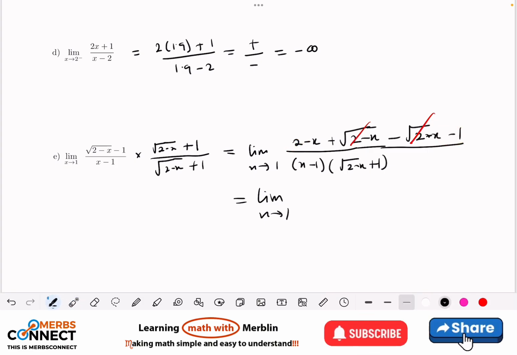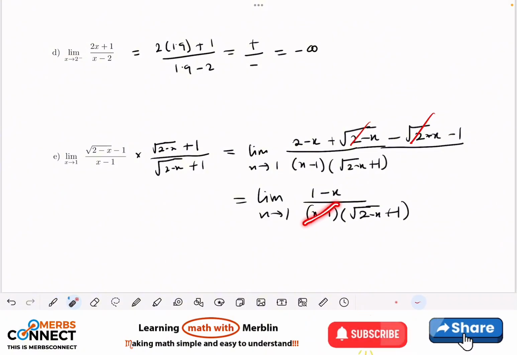So we are going to have 1 minus x divided by x minus 1 times root of 2 minus x plus 1. Let me write this one well. 2 minus x plus 1.